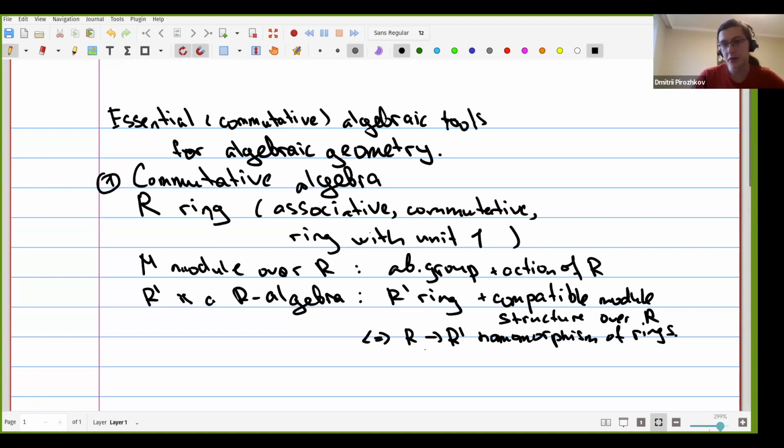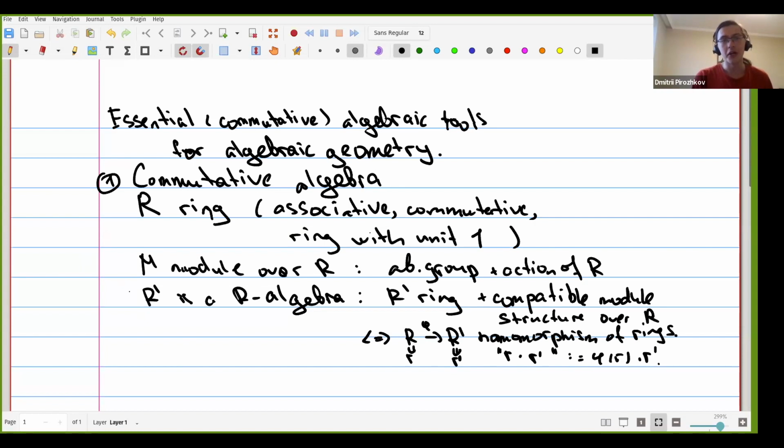In particular, it sends unit element to unit element. And the module structure appears by saying that if I have an element r here and an element r prime here, then their product is defined to be just take the image, let's say this is phi, the image of r small, which is now an element of R prime, and multiply it by r prime small.